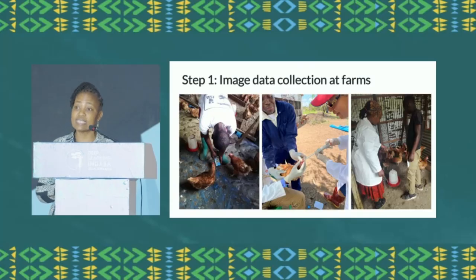We had to wait for 6 months to get the ethical clearance to visit these farms to collect the data. And then once we got the research permits to visit the farms in 2 regions in Tanzania, I didn't go alone. I had to go with the livestock officers and veterinary officers to visit these farms.